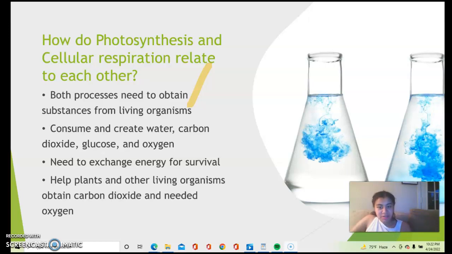They both need to exchange energy for survival, like the sun's energy or oxygen. Both of them also need plants and other living organisms to obtain carbon dioxide and oxygen to survive.